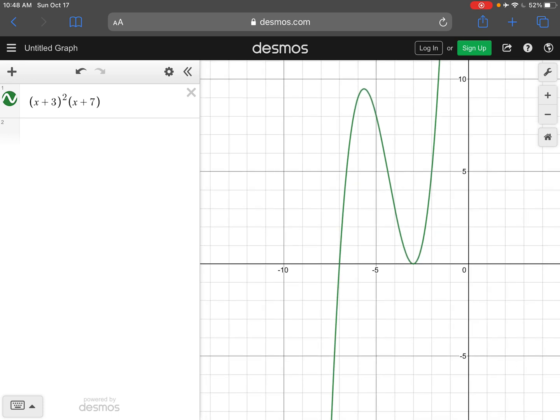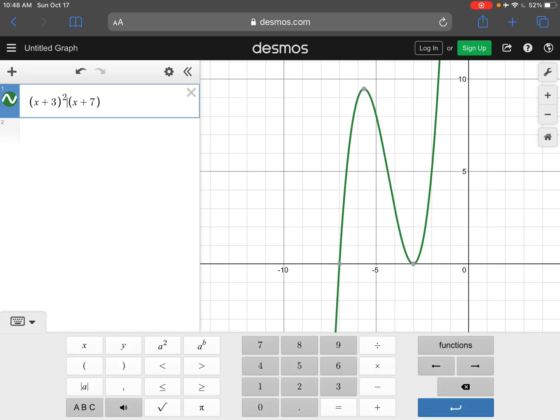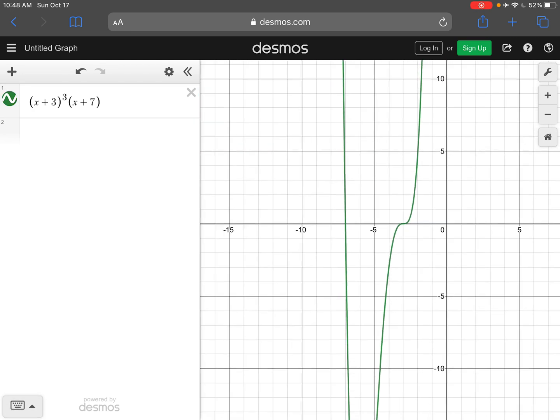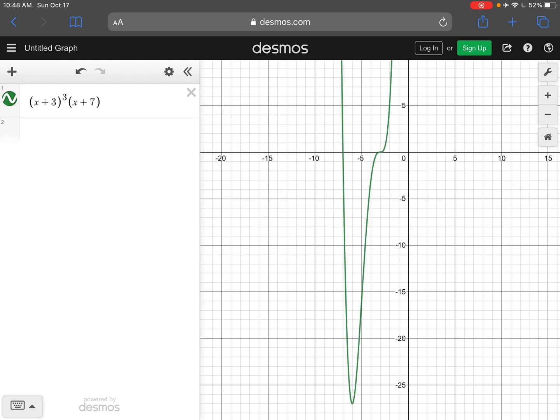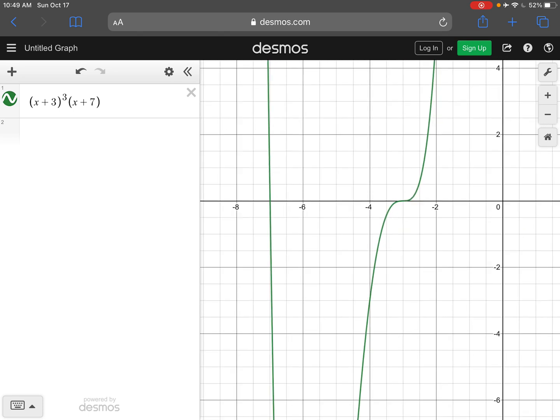Oh, is it squared or cubed? That was cubed. Let's fix that. And we want that cubed. There we go. So this is what this graph looks like. So we have an x-intercept at negative 7 and at negative 3, just like how I had solved for. So negative 7 and negative 3.